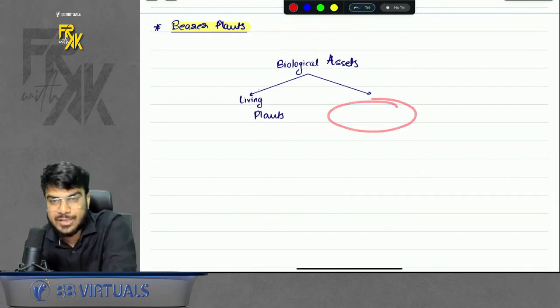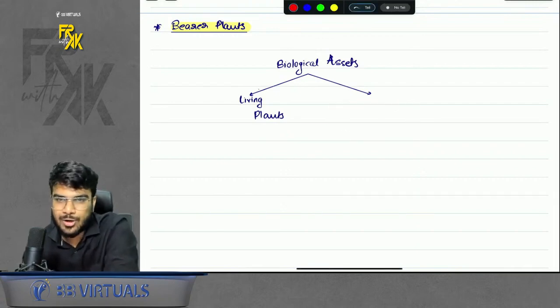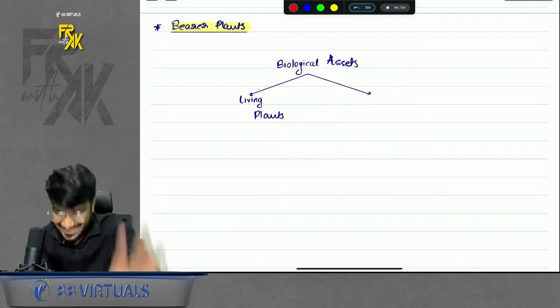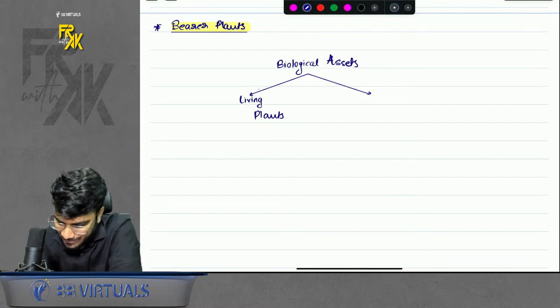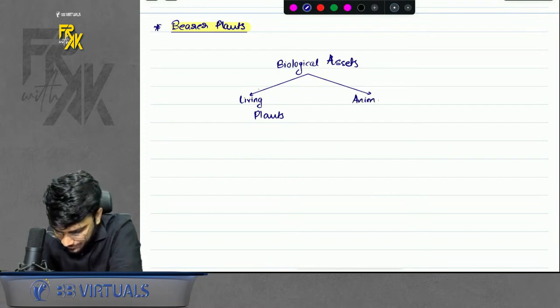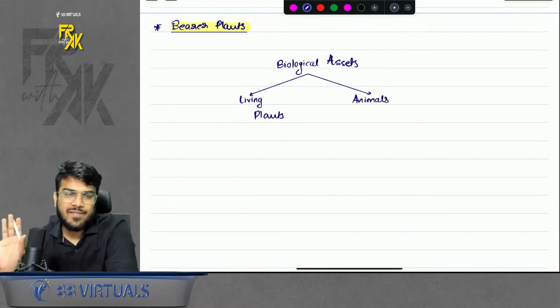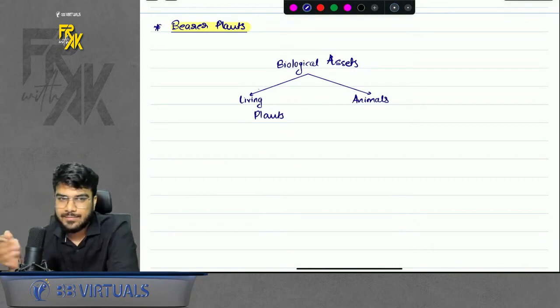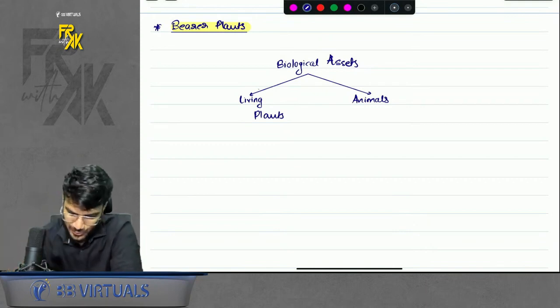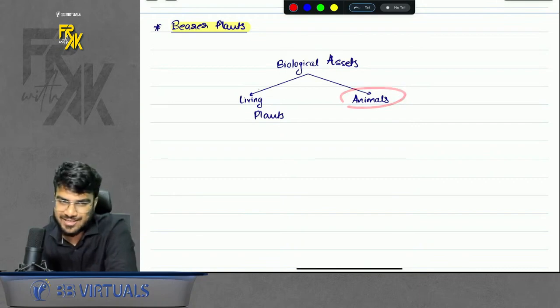Normally our parents, especially the parents of boys, do not consider their child as human. They consider them as animals. So biological asset means living plants or animals. Especially my wife and my mom and dad consider me as a dog. So even we are biological assets, to be very honest.